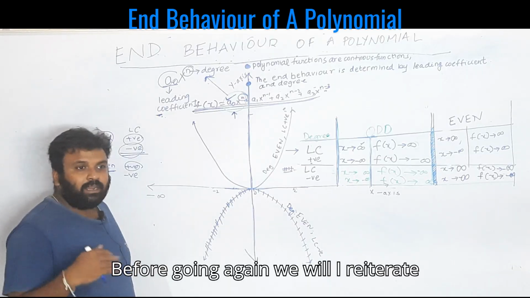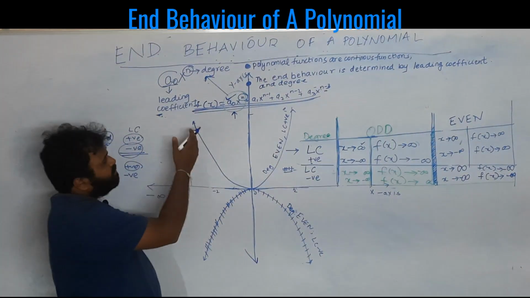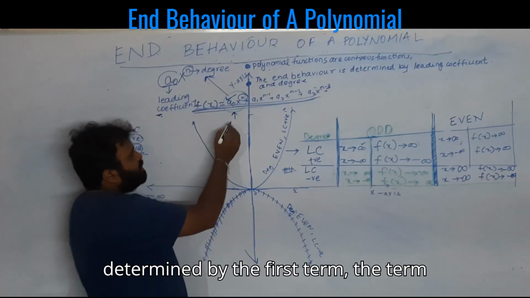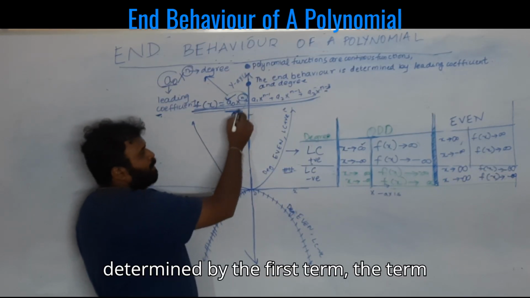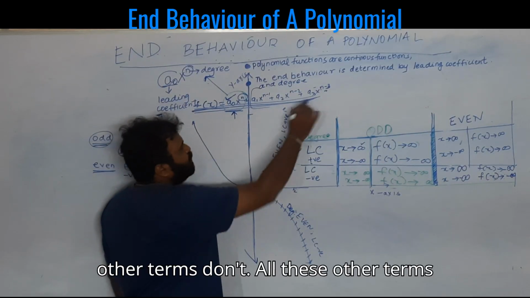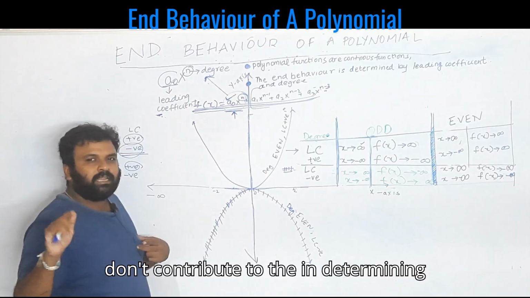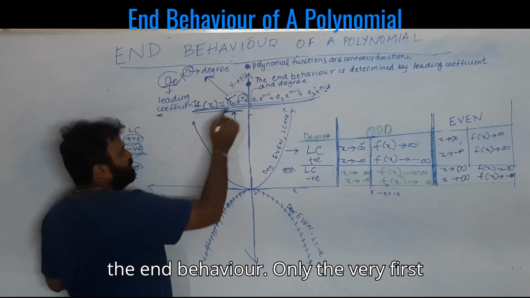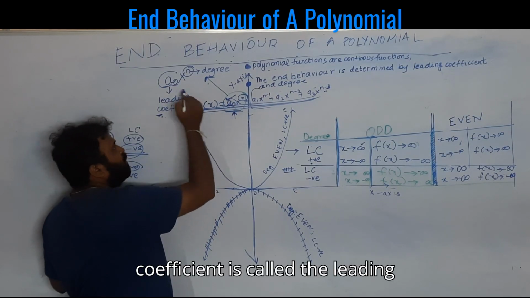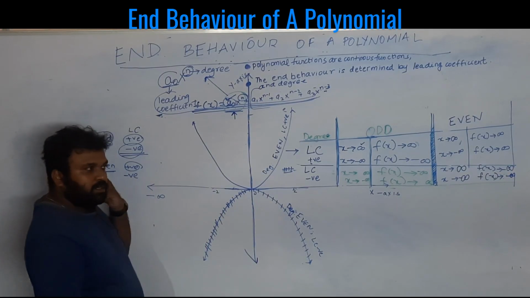Before going ahead, I reiterate that the end behavior is always determined by the first term, the term with the highest degree. All the other terms don't contribute to determining the end behavior. Only the very first term. The coefficient is called the leading coefficient and n is called the degree.